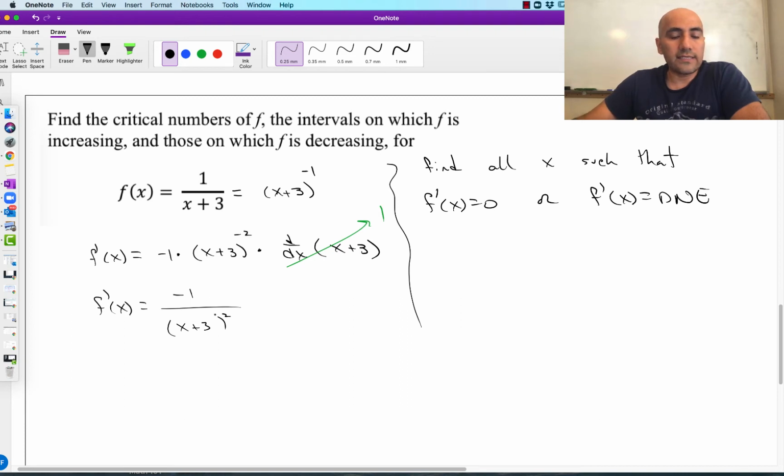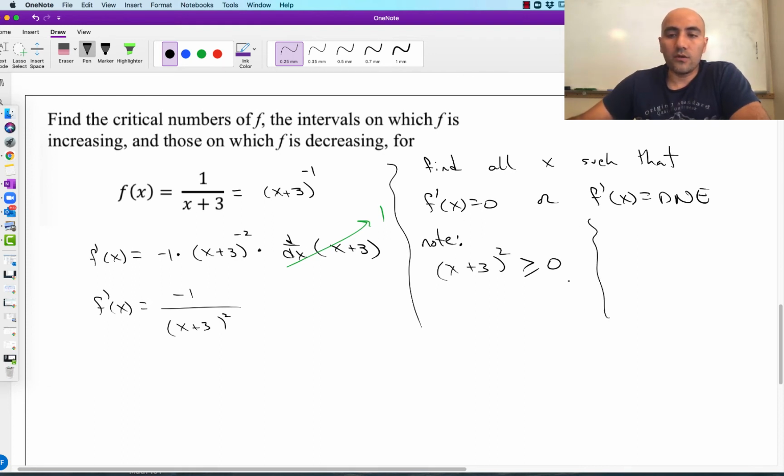Similar to the example we just went through, note that the denominator is always going to be positive or 0. So note x plus 3 squared is always greater than or equal to 0. No way this could ever be negative. And the numerator is always negative 1. So there's no way for this to be equal to 0. Okay, so there's no solutions to this one.